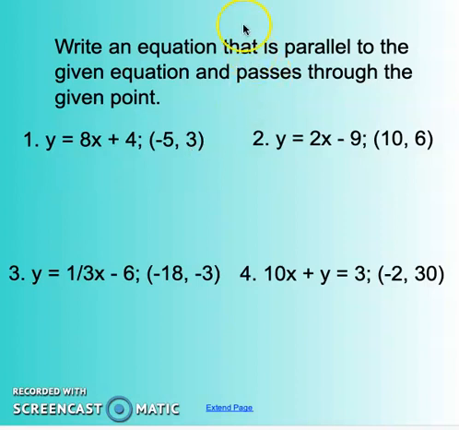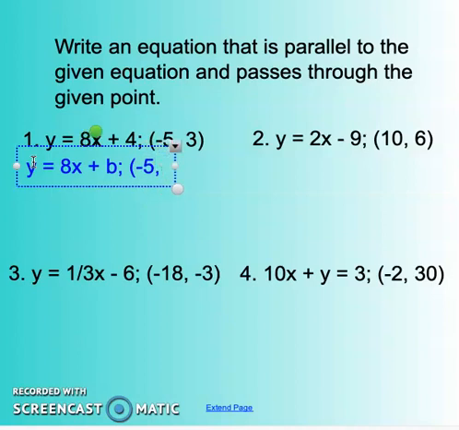Our job is to find a parallel line to this equation. If parallel lines have equal slopes, then our new equation will have the same slope, so it will have 8 as its slope. The only thing we don't know is the y-intercept. But the cool thing is we know the point that it passes through.